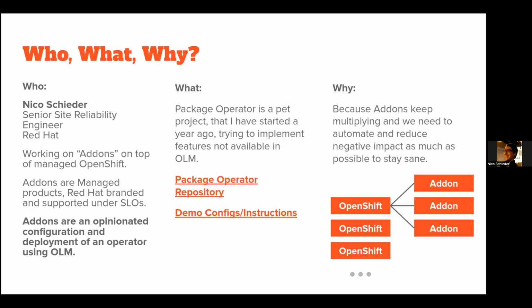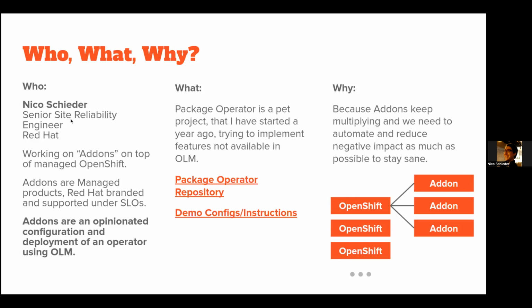What I'm showing today is a little pet project that I started about a year ago, trying to implement a few features that are not available in OLM. And the reason for that is add-ons keep multiplying.